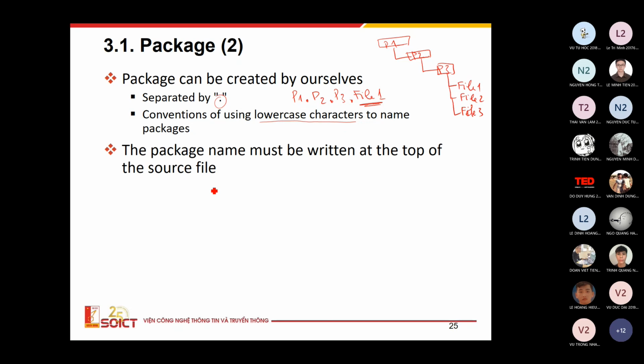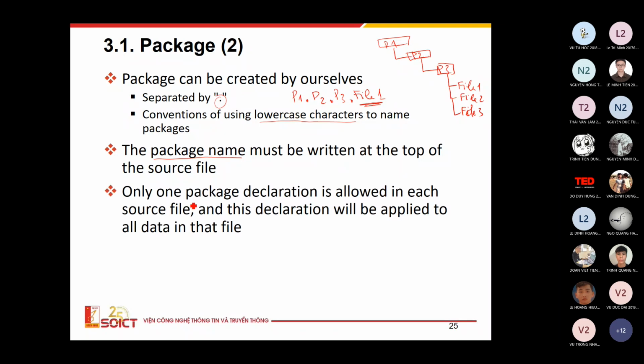This is the convention. And the packet name must be written at the top of the source file, because in each source file or each Java file, you can have only one declaration for the packet.